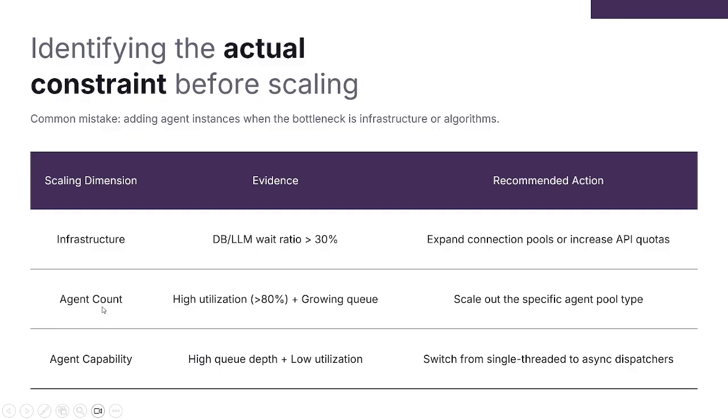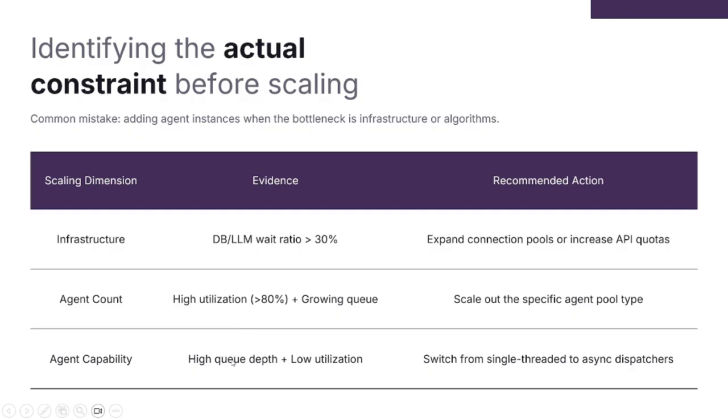Agent count. If what is causing the problem in the system is agent count, and you've gotten the evidence from your metric that there is high utilization, which is greater than 80%, plus a growing queue, then the action you should take is scale out the specific agent pool type. And then we have agent capability. A high queue depth plus low utilization.